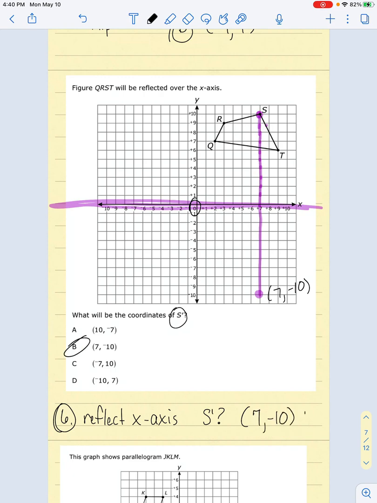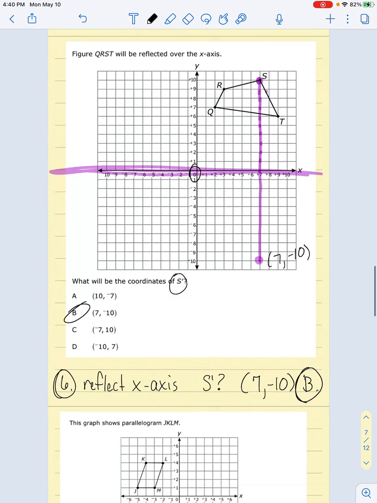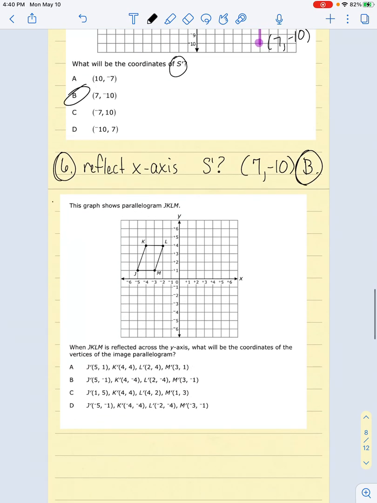And that's going to be choice B. So same as the others, you figure out what they want you to do, you move the point, and then you read the point.